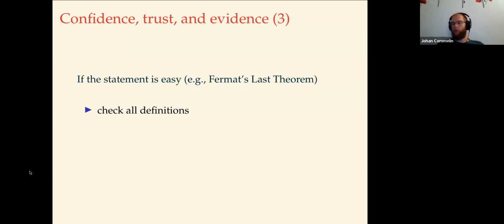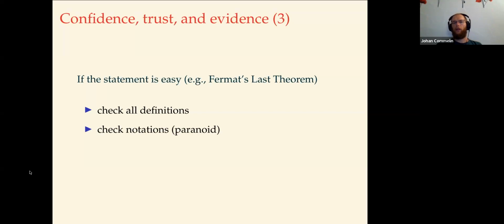You check the definition of natural number, you check the definition of addition, multiplication, raising a number to the power of another number, and then basically you're done. So you can very easily check that a formal statement of Fermat's last theorem in some formal proof checking software matches your mental model of what Fermat's last theorem should look like.